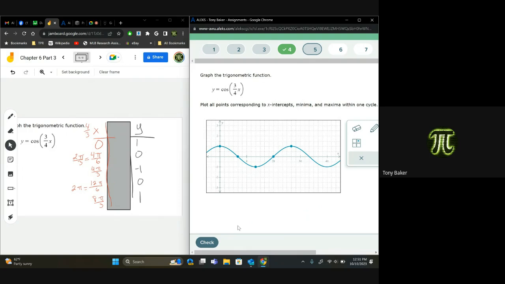What's the period of this one? What's one rotation from start to end? 8 pi over 3. Okay, because remember, the original one was 0 to 2 pi, right? This one is going 0 to 8 pi over 3.